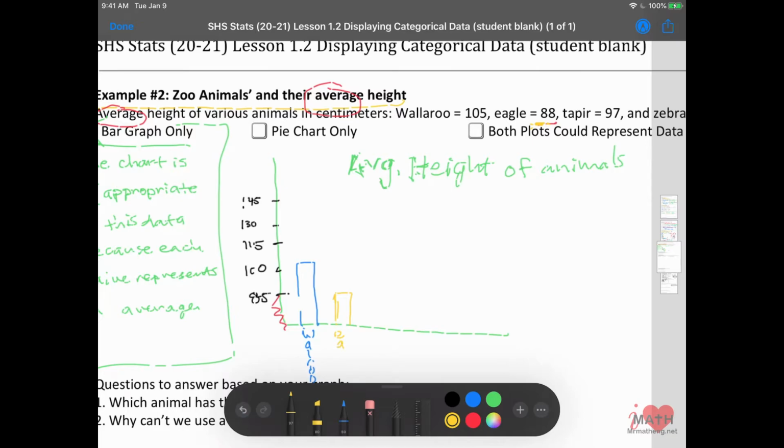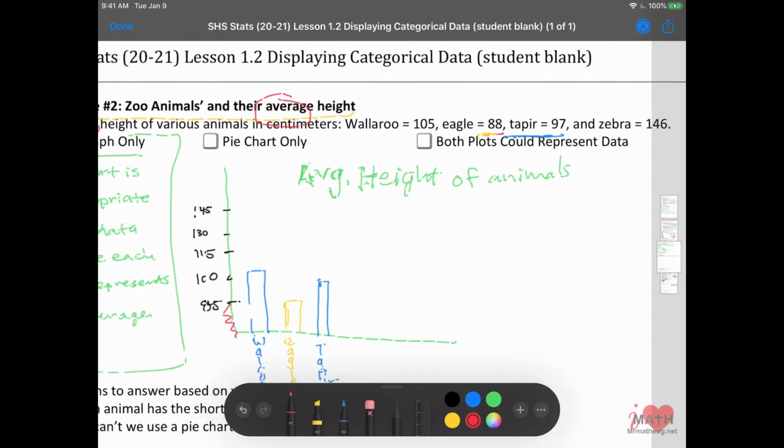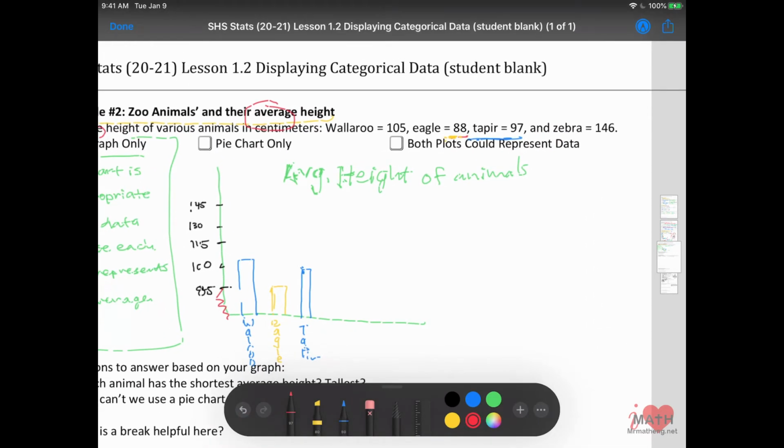And then we got this animal. I have no idea what it is. Tapir. 97. So that's a little bit below 100. And then I have the zebra, 146.